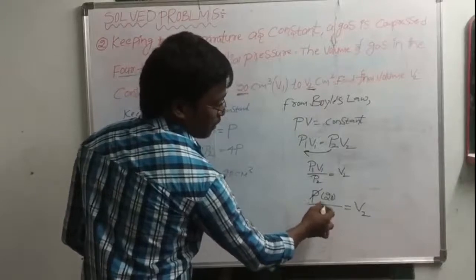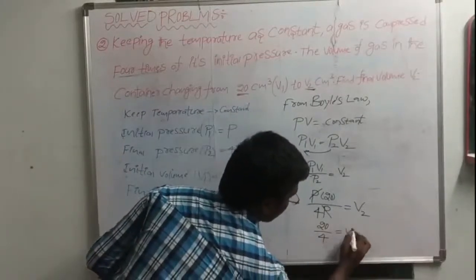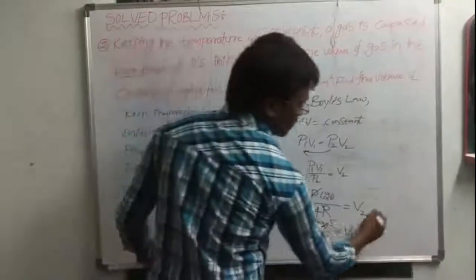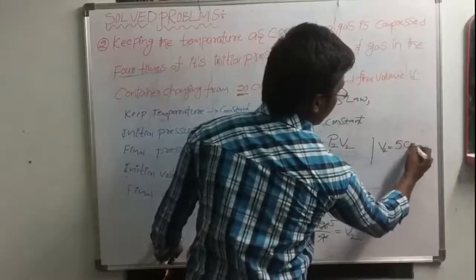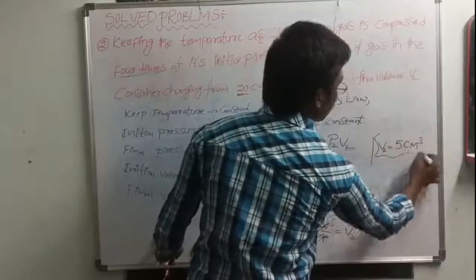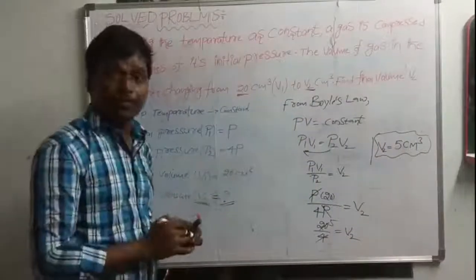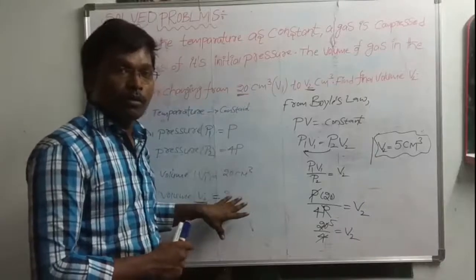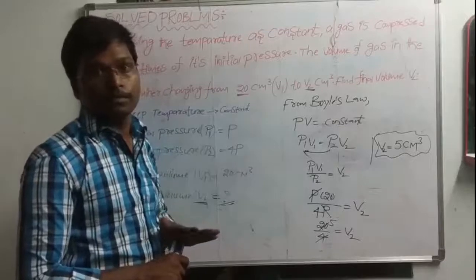Remaining what? 20 by 4 is equal to V2. 4 fives are 20. So what is the answer? Final answer: V2 is equal to 5 centimeter cube. This is the final volume V2 of the gas in the container.